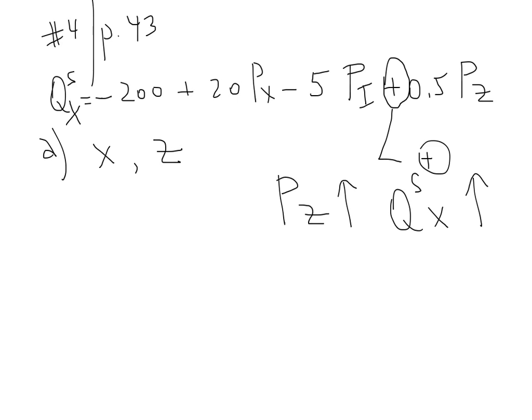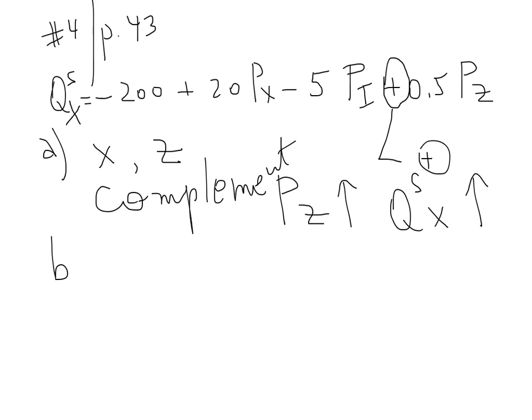And as we've learned, a positive relationship between z and x means that x and z are complement goods.